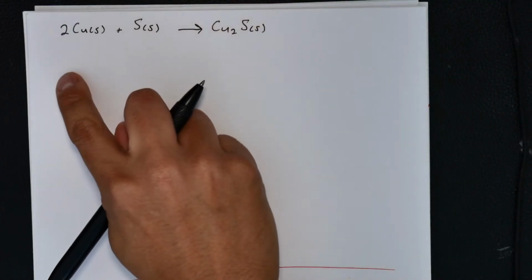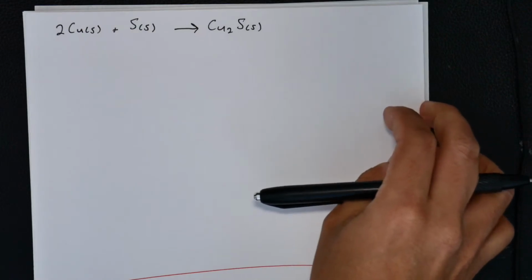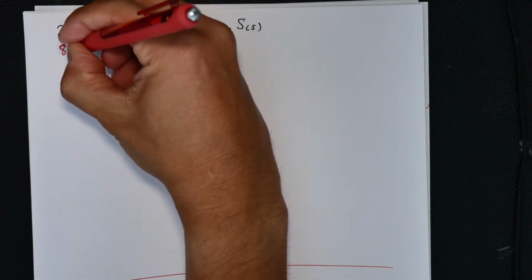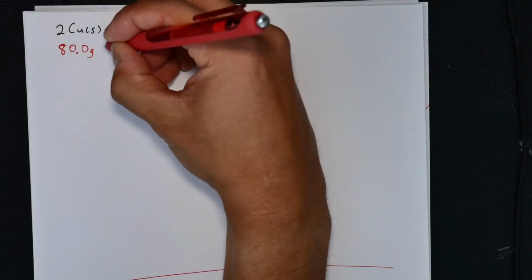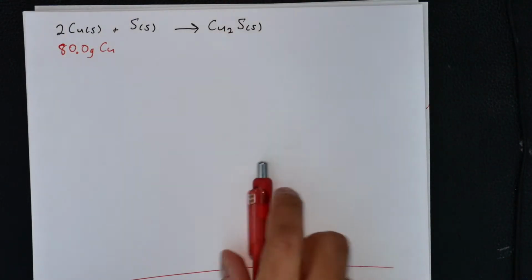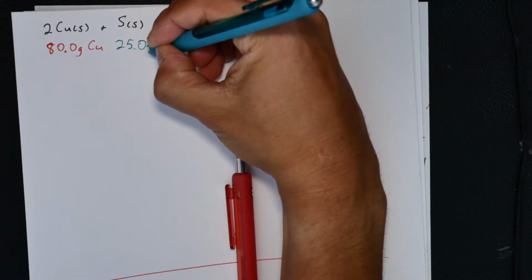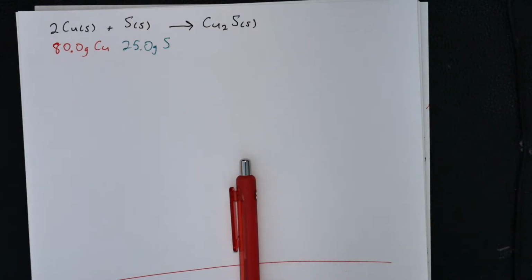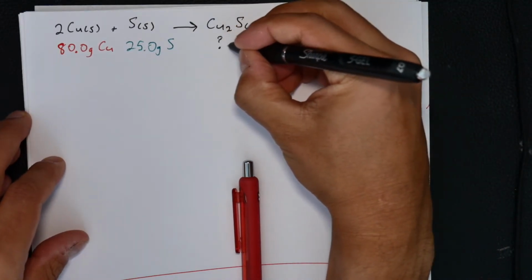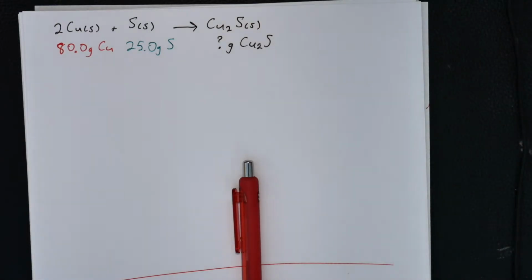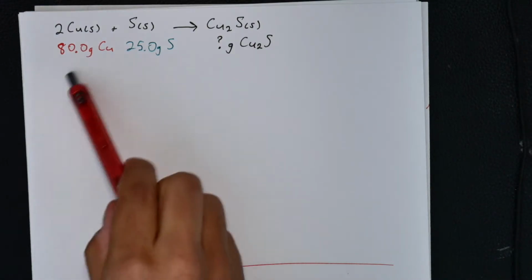Now what this question is asking us is, we have 80 grams of copper and we have 25 grams of sulfur, and how many grams of copper 1 sulfide can you make? The first thing we need to do is find out which one of these two is limiting.